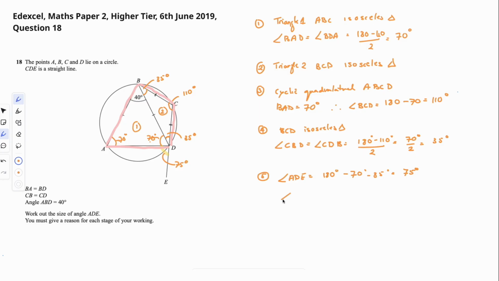And that's our answer. Angle ADE is equal to 75 degrees.